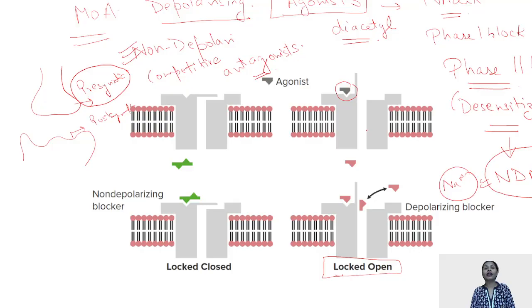That is your fade phenomenon. What is the mechanism of the fade phenomenon? The presynaptic receptors which were blocked by the non-depolarizing agents. And eventually when the phase 2 block comes, all the drugs are going to act in a similar manner.